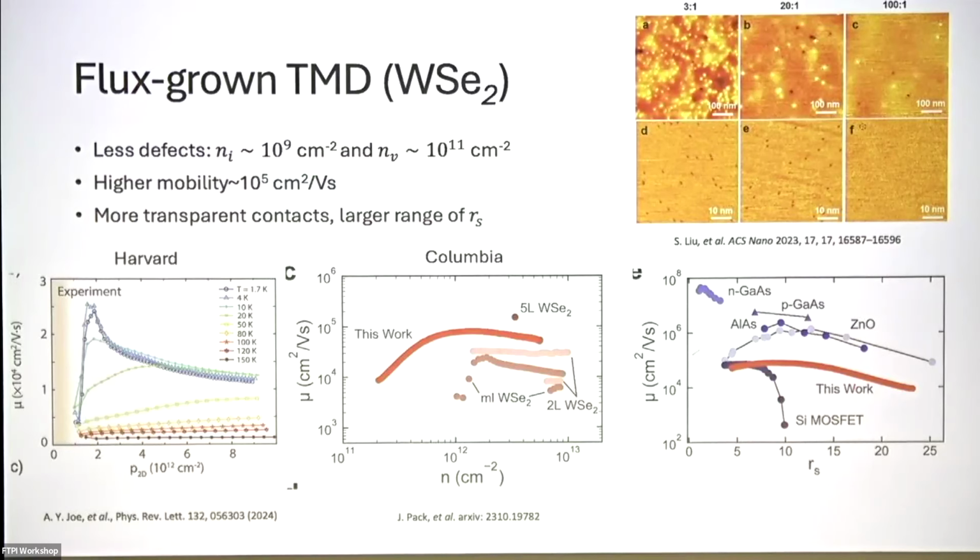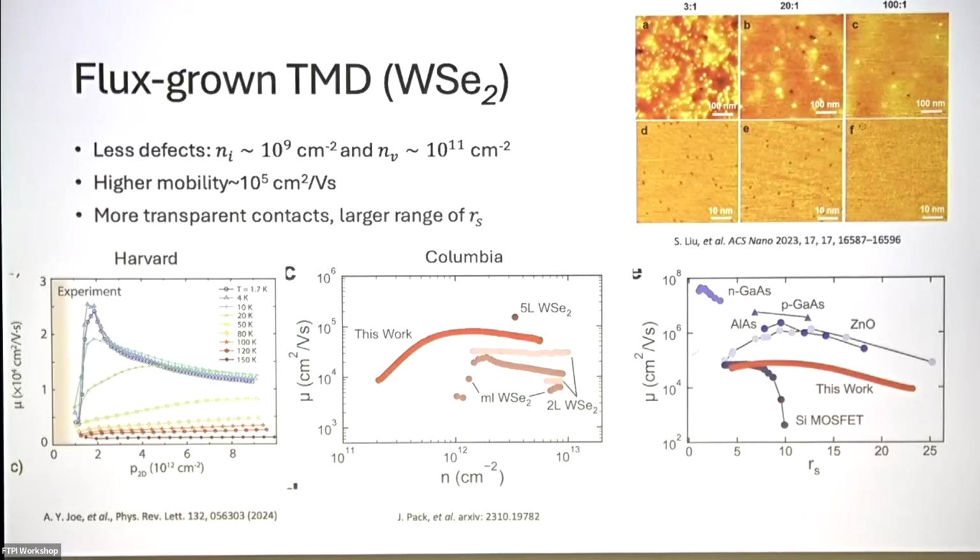The advantage of this kind of material is that the dielectric constant is smaller. Gallium arsenide has dielectric constant like 13, but for TMD, the dielectric constant is determined by its environment, which is mostly hBN. The dielectric constant is 5. So it increased the Coulomb interaction by decreasing the dielectric constant, so the screening is weaker. Also, the effective mass in the TMD system is much higher than, for example, gallium arsenide.